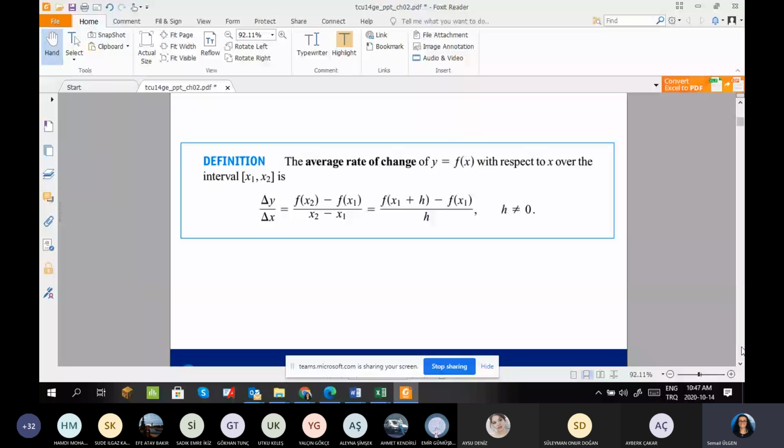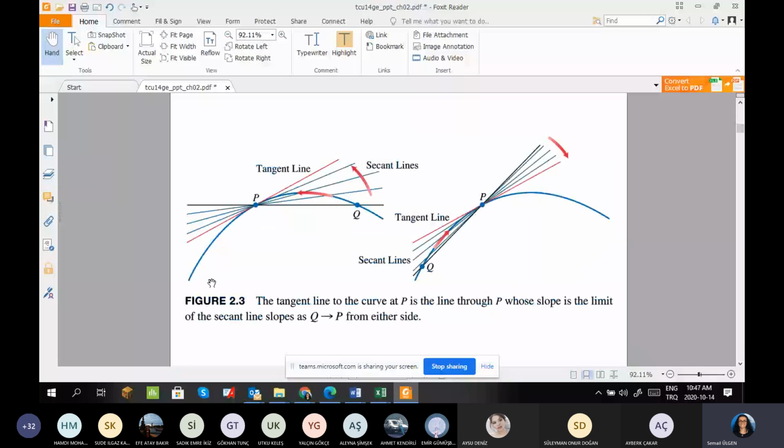Let's consider a curve, and say I'm interested in the speed at the point P. I look at the average speeds between that point and another point, and then with other points, each time getting closer and closer to the real point I'm interested in.